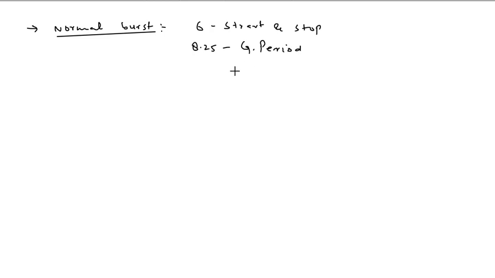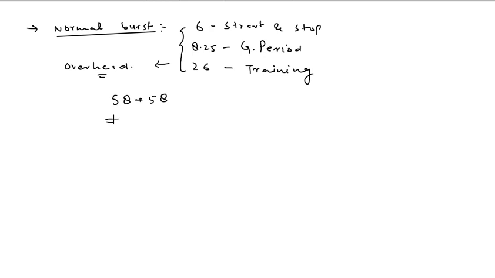We have 26 bits, these are your training bits. All these different fields are not the actual transmission. This is basically an overhead to the transmission, and this cannot be your actual payload. So the actual payload in normal burst is your 58 plus 58 bits, that is equal to 116 bits.